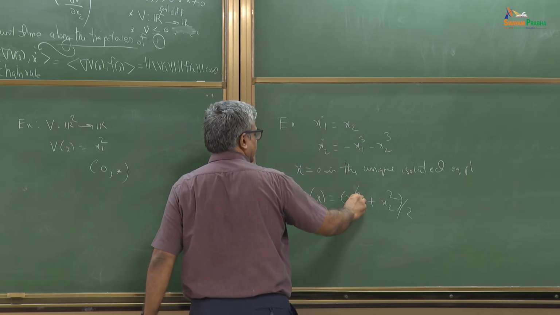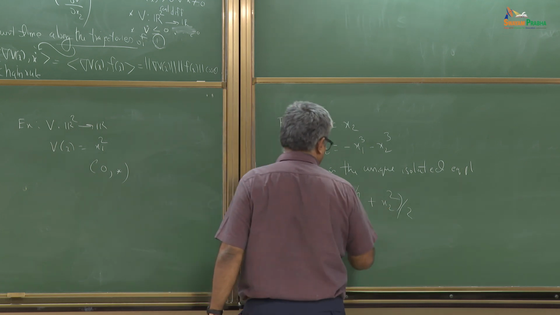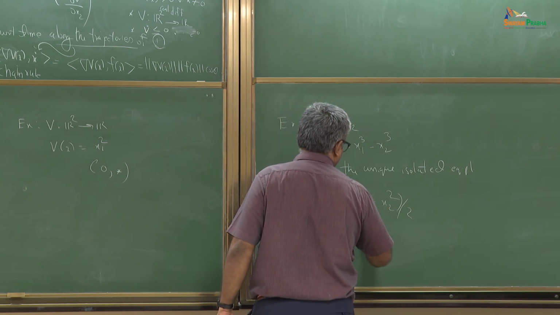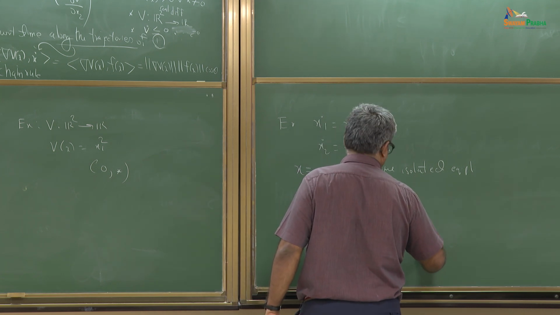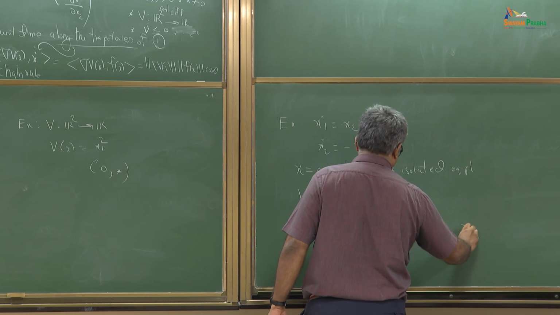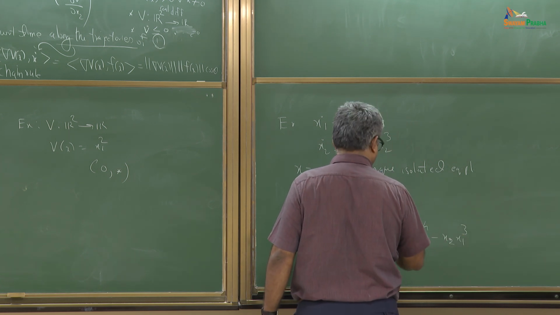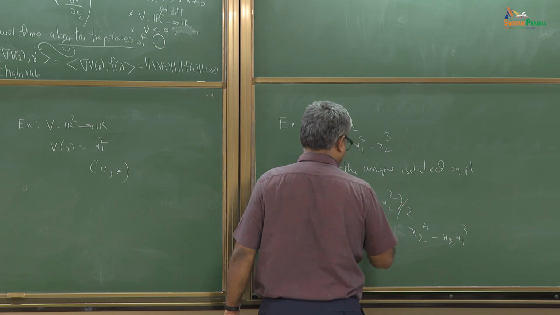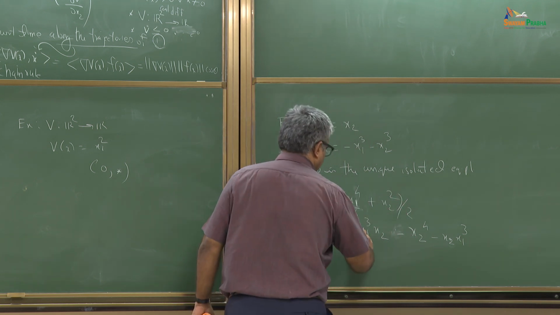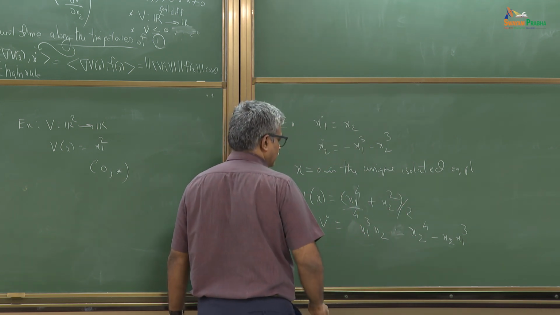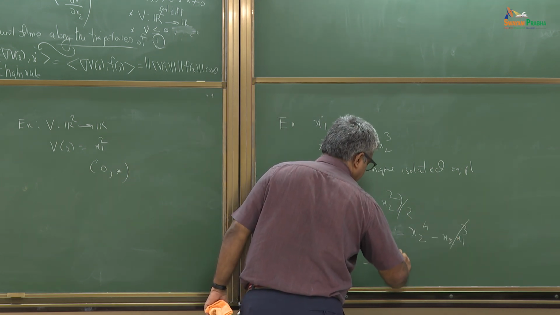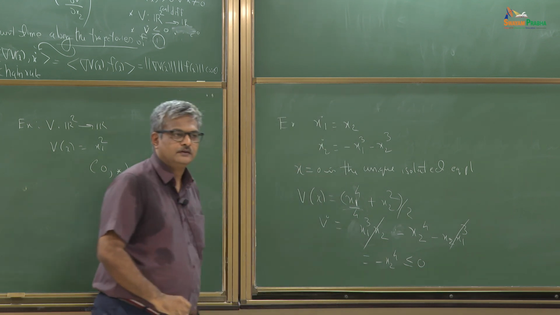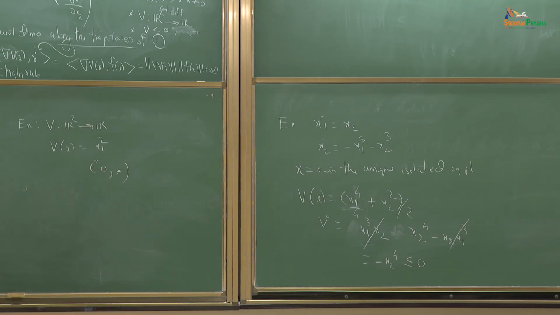So I took a quartic in x1 and quadratic in x2. Maybe I have to kill this 5. Okay, so both get cancelled, and so it will be stable.